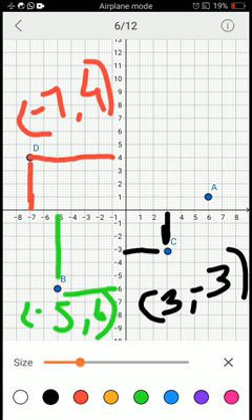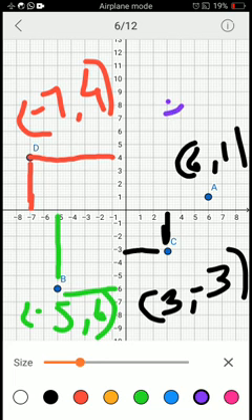Now just check the coordinates. The coordinate of A was 6, 1. Yes. Now see, in the first quadrant, both are positive. In the second quadrant, the x coordinate is negative and the y coordinate is positive.